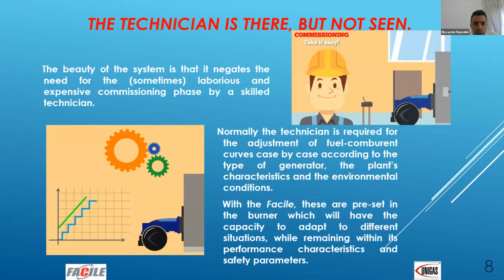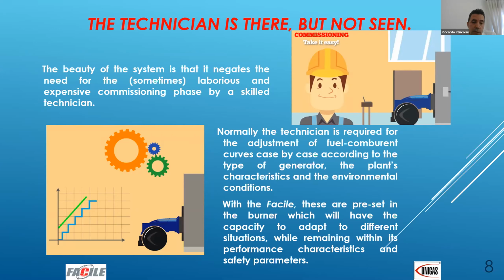And a very smart function is this, for example. The system can do what the technician has to do on the plant when they make the commissioning of the burner. It's enough for the technician to see what's happening on the plant, to supervise the system until it finishes the calibration setting, and the calibration setting lasts around 10 minutes.